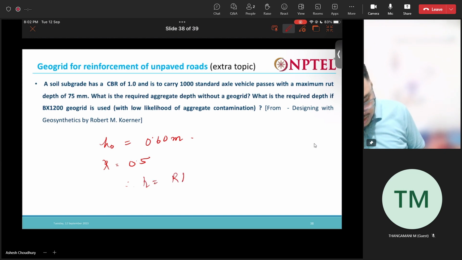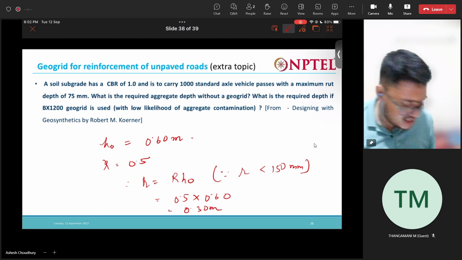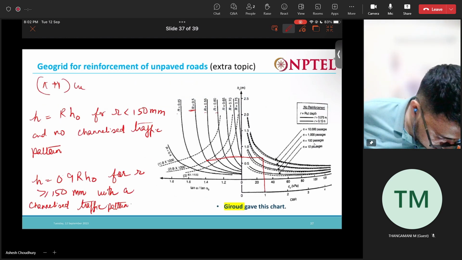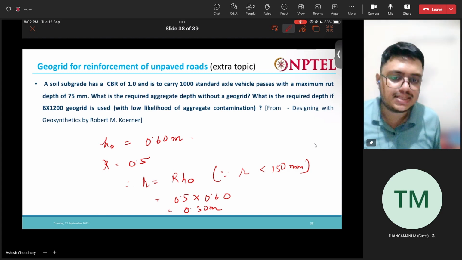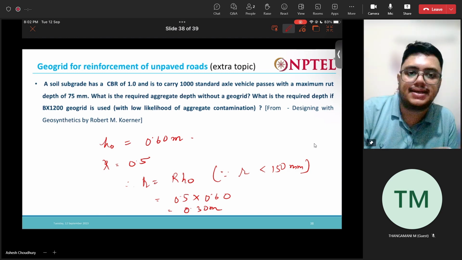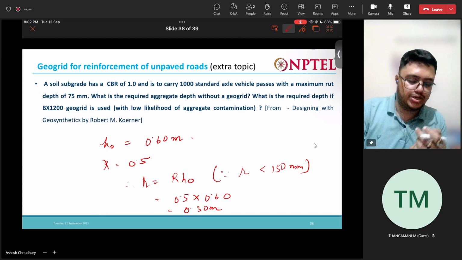R into H naught, since rut depth is less than 150 mm. So 0.5 into 60, that is 0.30. You can see this is reducing the amount of aggregate that we need by a lot.